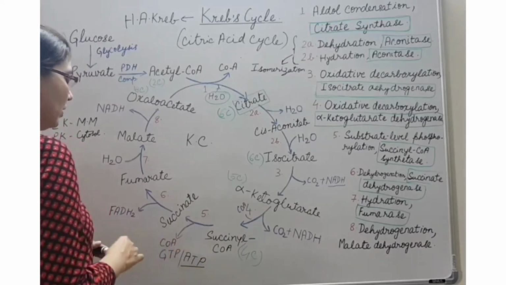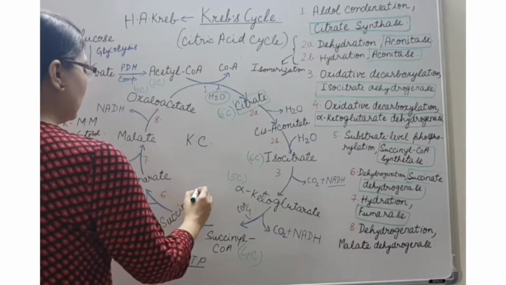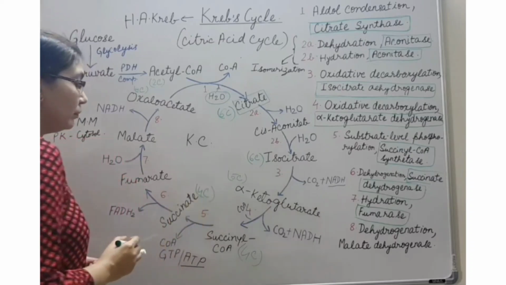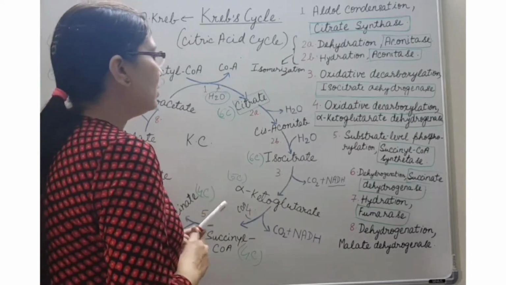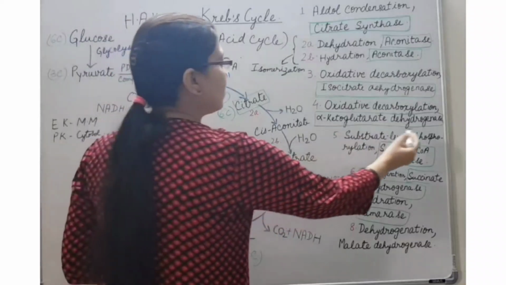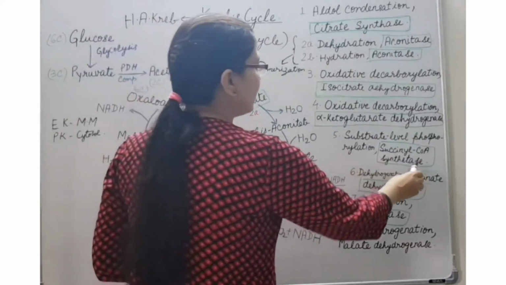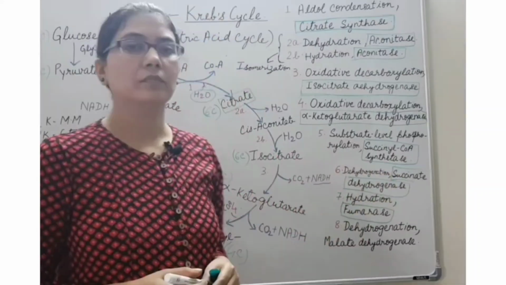Coenzyme A is also released and we get succinate. This is a 4-carbon compound. This reaction is called substrate level phosphorylation and the enzyme that is involved is succinyl coenzyme A synthetase.